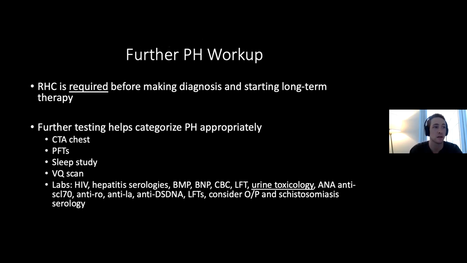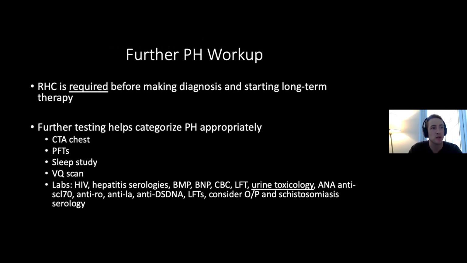All right. So in general, right heart cath is needed to make a diagnosis and before starting any patients on pulmonary arterial hypertension therapy. That's pretty darn important. Although you see some patients get put on sildenafil casually when we're leading towards a pretty clear diagnosis of pulmonary arterial hypertension.